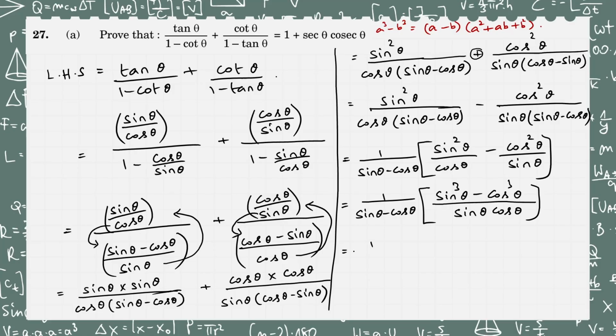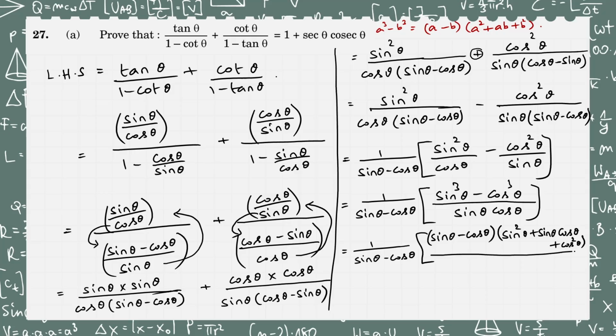What will happen? 1 by sin theta minus cos theta into sin cube is considered as a cube and cos cube is considered like b cube. So a minus b will be sin theta minus cos theta into a square will be sin square theta plus ab will be sin theta cos theta plus b square will be plus cos square theta, whole divided by sin theta into cos theta, right?